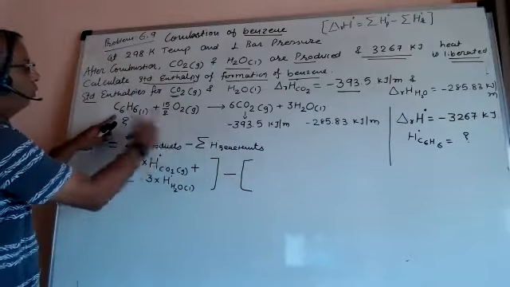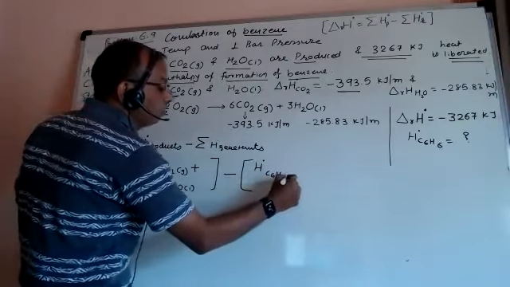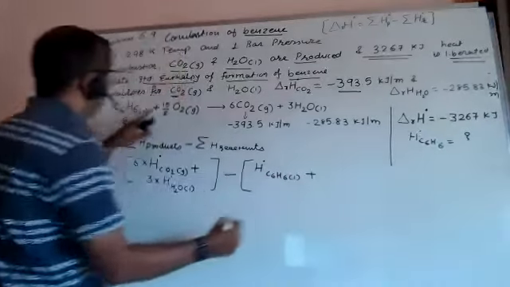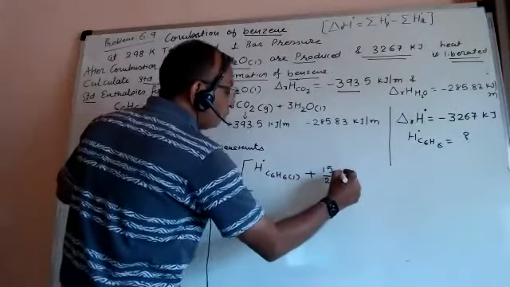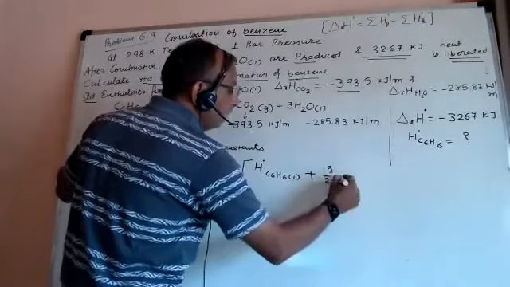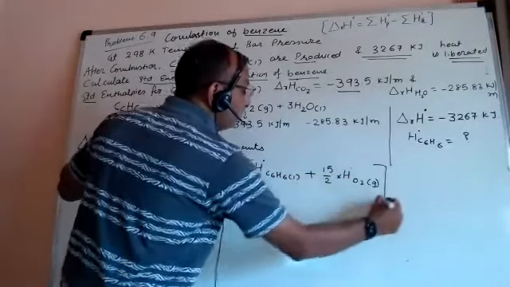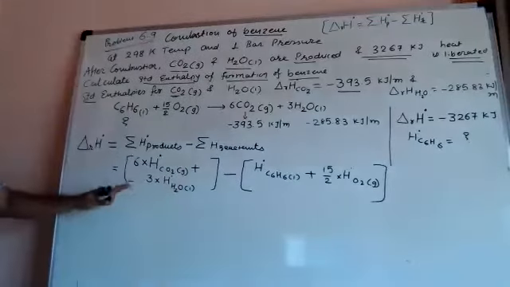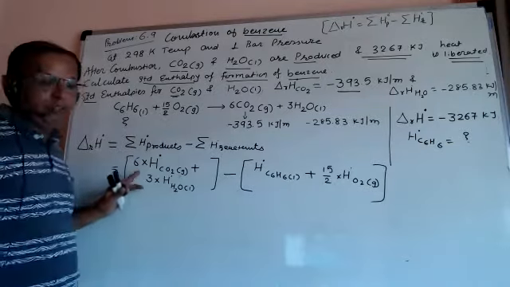Reactants you can see are two. First of all is H° of C6H6 and plus this is 15 by 2 moles of H° of O2 gas. So this is the formation of the reaction we put here.